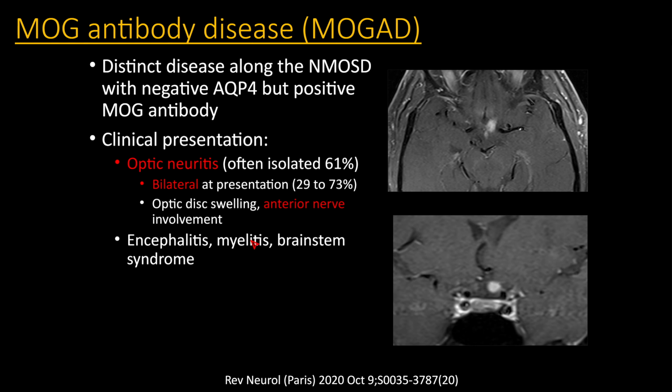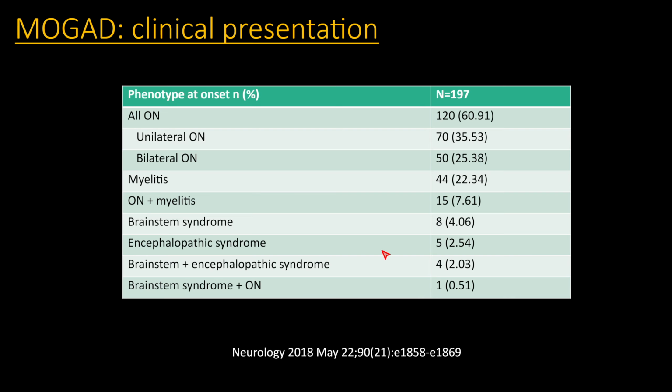After optic neuritis, myelitis is usually the most common presentation, and then other forms like encephalitis and brainstem syndromes come after that. This particular article enumerated phenotypes at onset for MOG-related antibody disorders. Again, as you can see, optic neuritis was about 60% of the cases, followed by myelitis at about 20%, and optic neuritis plus myelitis another 7%.